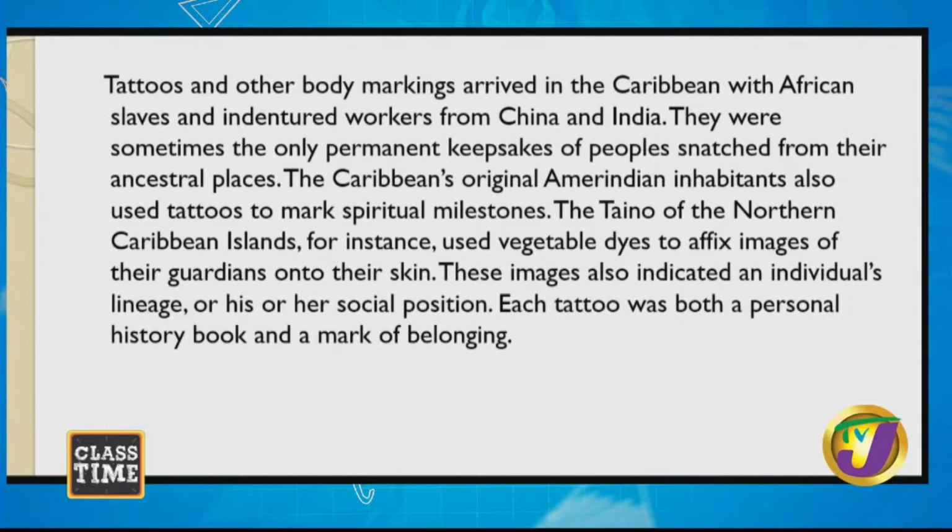The Taino of the northern Caribbean islands, for instance, used vegetable dyes to affix images of their guardians onto their skin. These images also indicated an individual's lineage, or his or her social position. Each tattoo was both a personal history book and a mark of belonging.